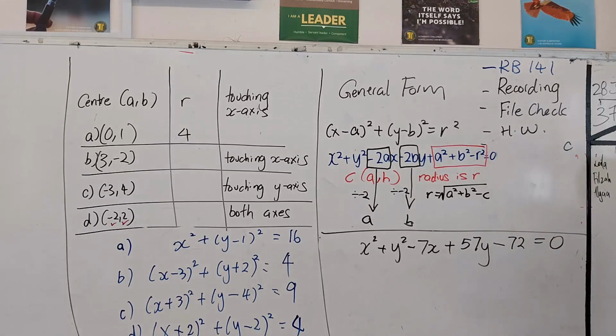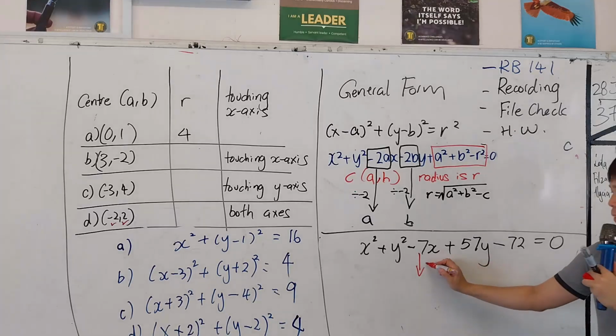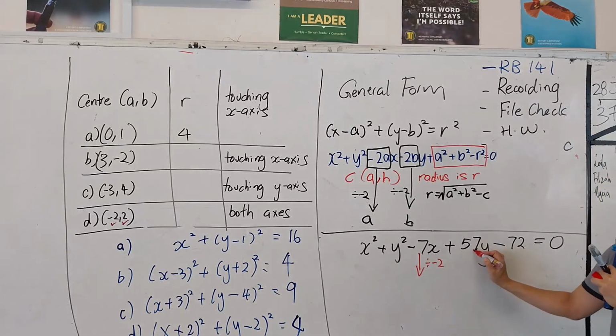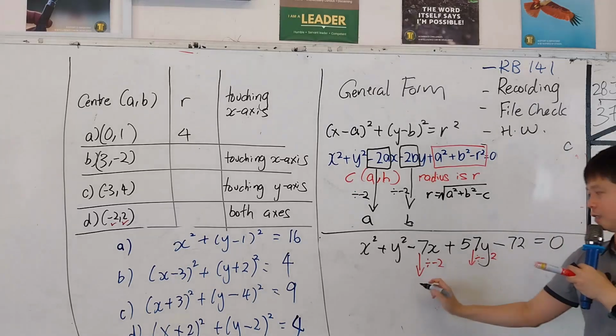Okay, let's apply what we have learned. In order to find the center, what must we do? I must divide by negative 2. What must I do here? Divide by negative 2. All right, now can you tell me, class, what is the center of this circle here?